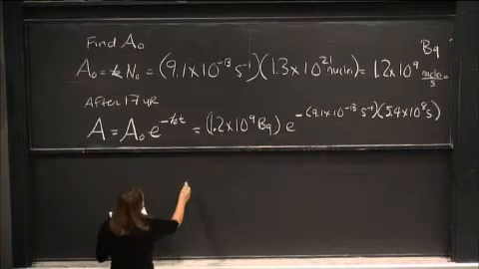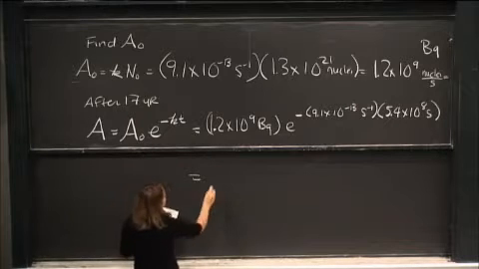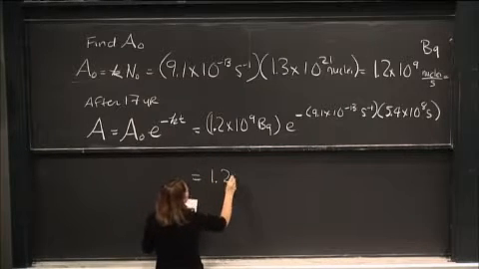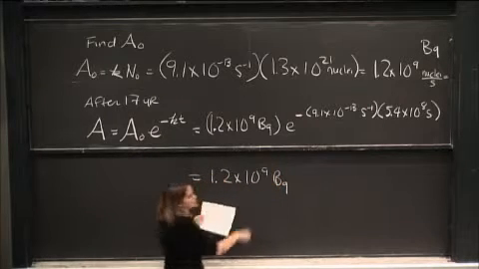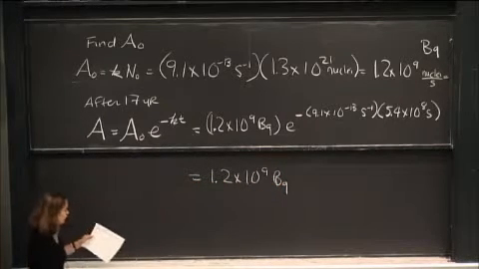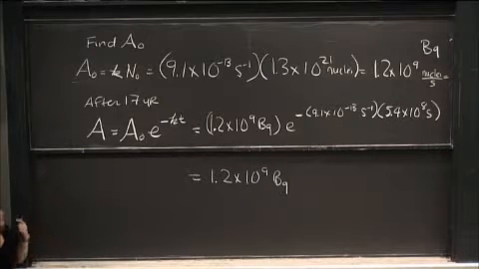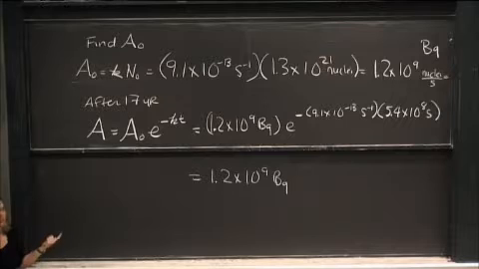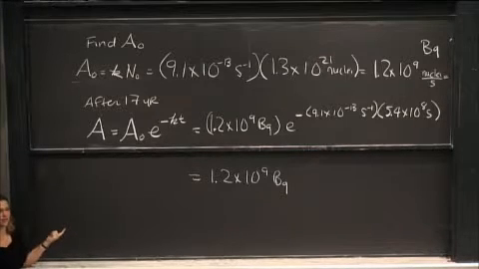And so this term, if we do the math out here with the number of significant figures, we find that it equals 1.2 times 10 to the 9 Bq. That term is insignificant in our problem. So the original radioactivity and the activity after 17 years are the same in terms of the significant figures.